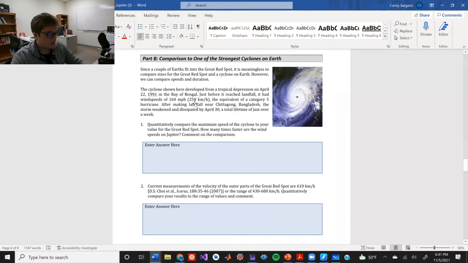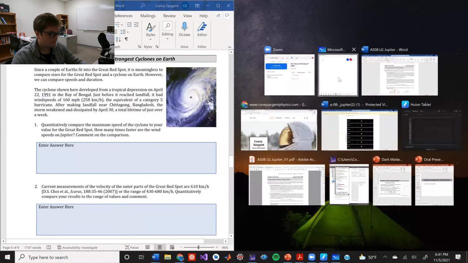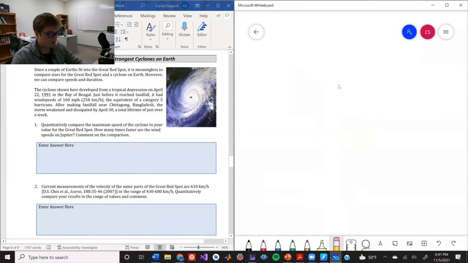So for question 1, you're going to quantitatively compare the maximum speed of the cyclone to your value for the Great Red Spot. How many times faster are the wind speeds on Jupiter? All right, so let me show you how I want you to do this, all right?